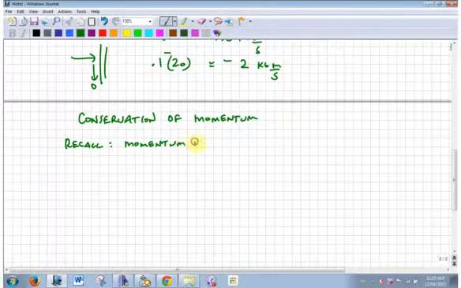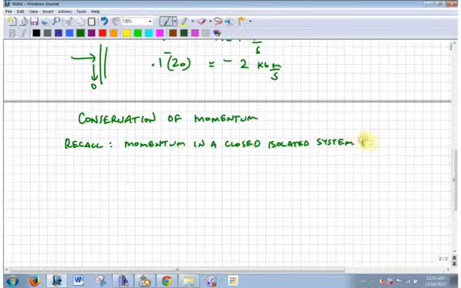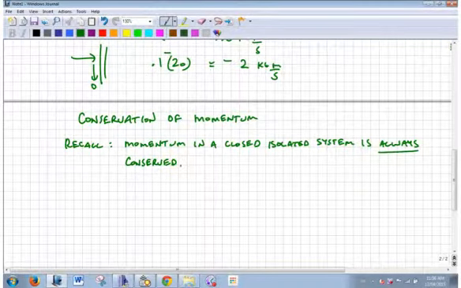Momentum in a closed, isolated system is always conserved. And I told you guys way back, before radar guns, this is actually how they calculated how fast bullets went. They shot them into blocks of wood.